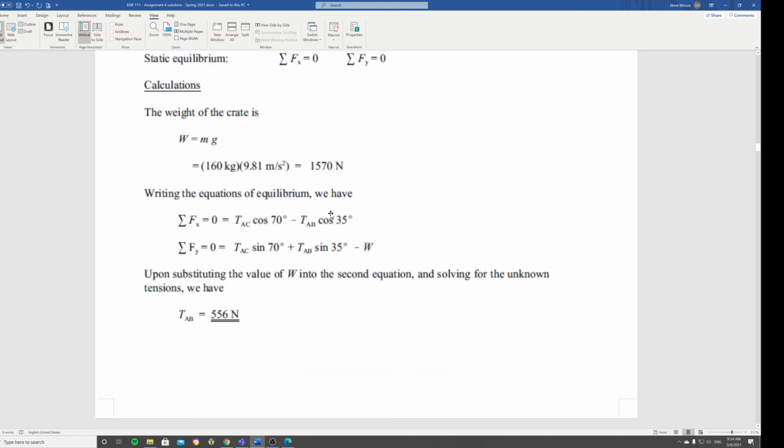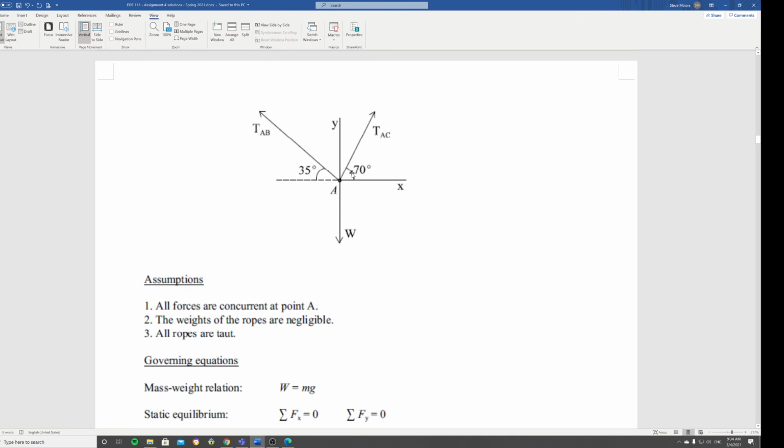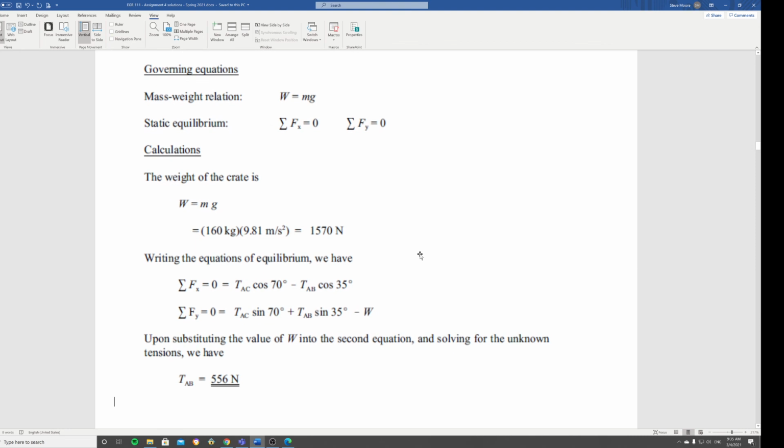In terms of the directions, if we're thinking about a standard Cartesian coordinate system, off to the right is positive, off to the left is negative. And that's all that's written here. It's TAC cosine of 70, which is off to the right, and minus TAB cosine of 35, which is to the left.